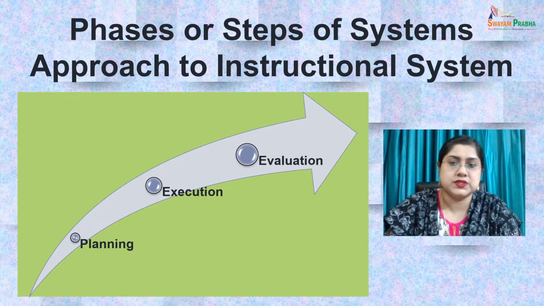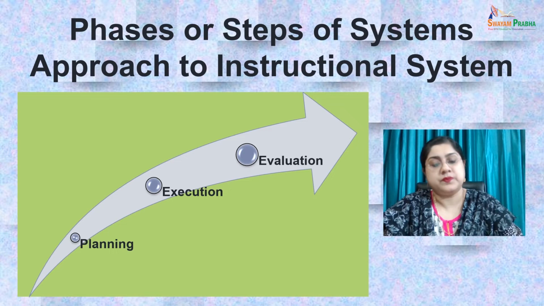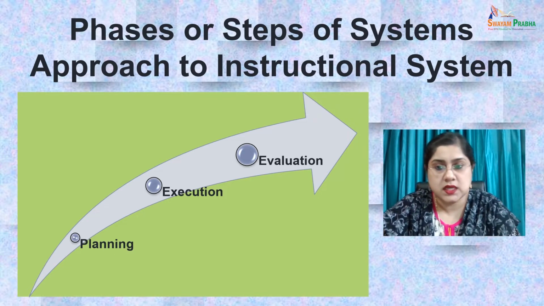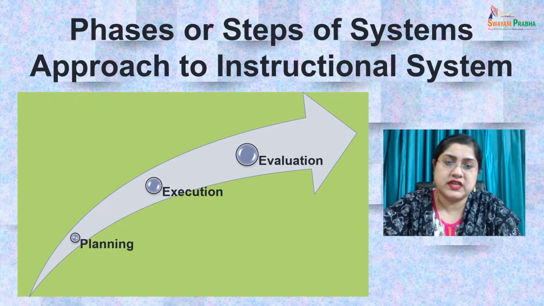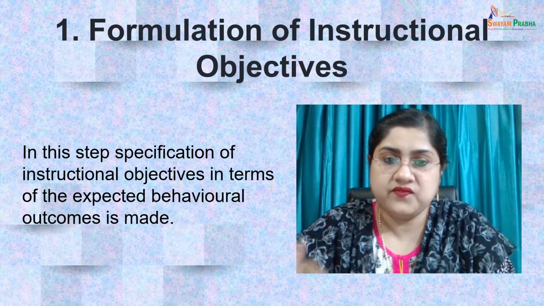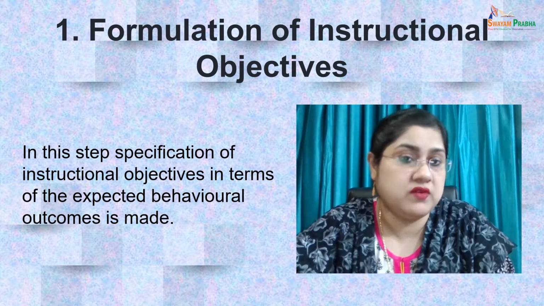Let us see what exactly all these researchers and educationists have given us, or have reached some sort of consensus on, as the phases or steps involved in the instructional system. The first and foremost step is the formulation of objectives.